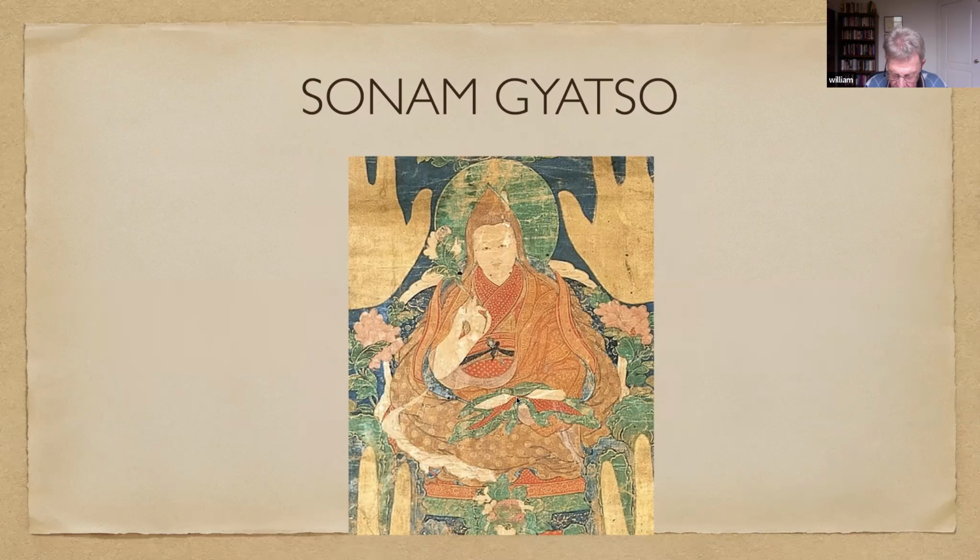Dalai being the Mongolian translation of the Tibetan name Gyatso, meaning ocean. So this was the establishment of the institution of the Dalai Lama. And the Dalai Lama was the head of one of the major schools of Buddhism, the Gelugpa, and we'll be looking at that again shortly.